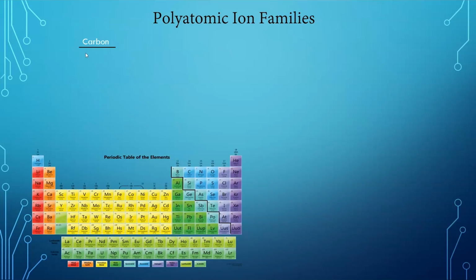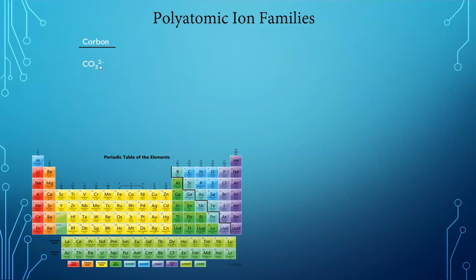So let's start out with the carbon family. Carbon forms an ion with oxygen. In fact, most of the polyatomic ions we'll be looking at consist of an element from the non-metals in the table plus one or more atoms of oxygen bonded to it.